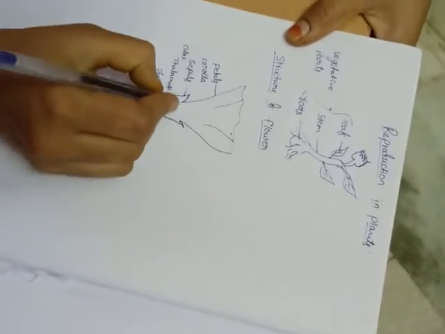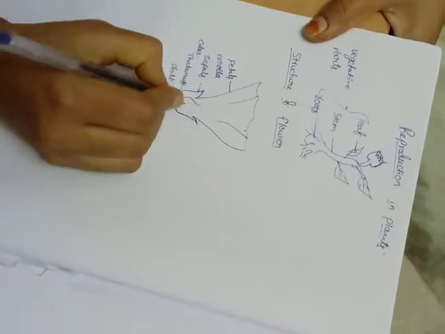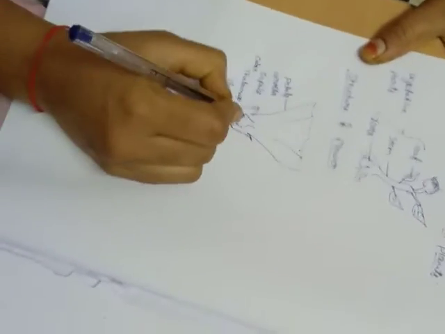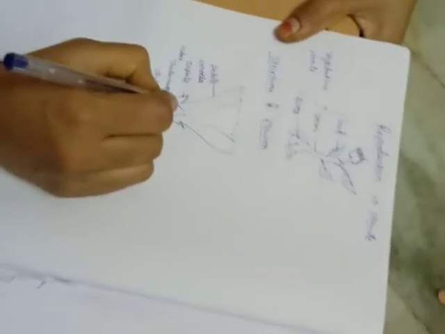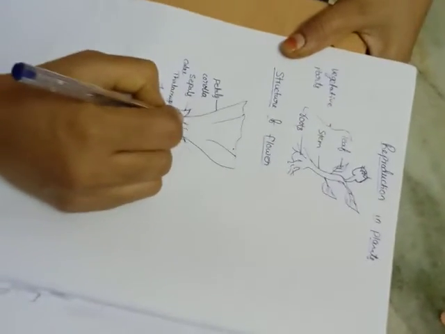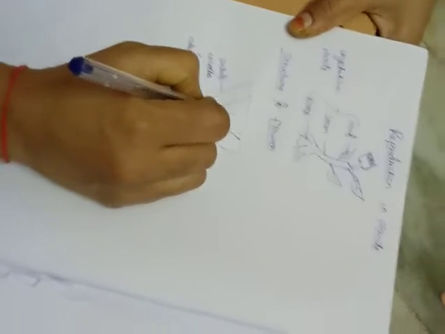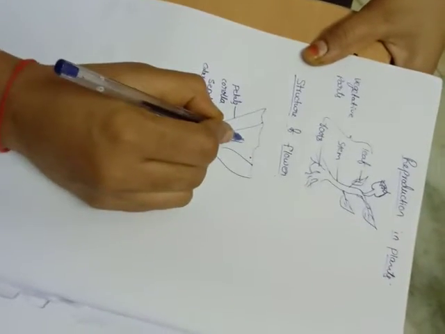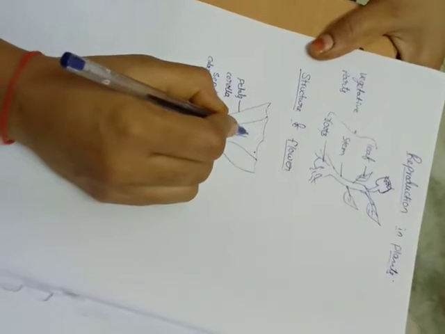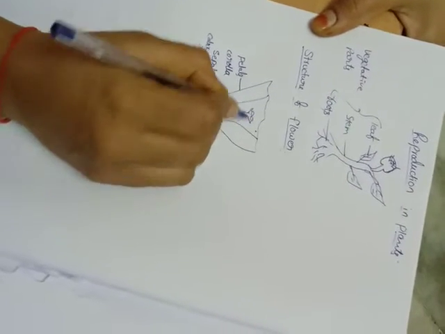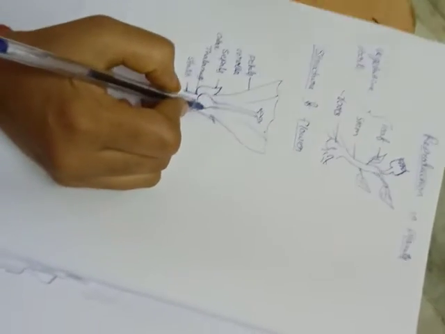The inner parts: the bulb-like structure present in the thalamus is called gynoecium. It is attached to a tube-like structure called what? Style. At the tip of this style there is a bed-like structure with pores. This is called what? Stigma. Are you understood, students?